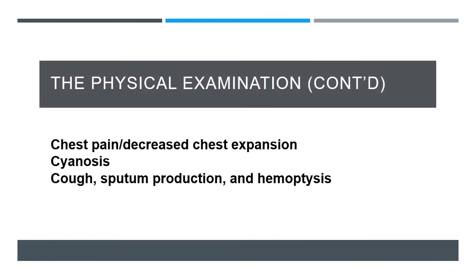Chest pain, especially with cough, decreased chest expansion or splinting, possibly cyanosis, which is a late sign of hypoxemia, cough, sputum production, and hemoptysis. Sputum production can be anywhere from white or clear all the way to purulent or currant jelly-like, depending on the organism.